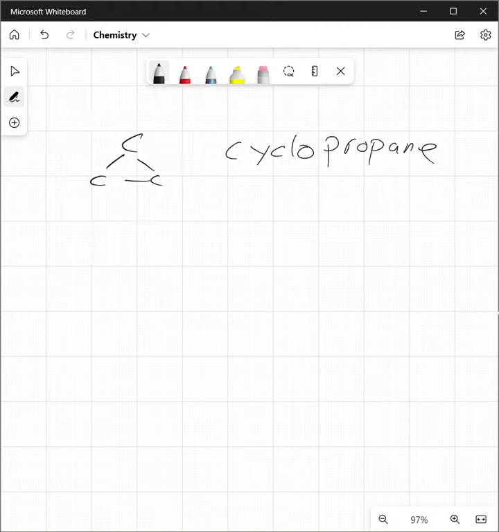In fact, let's look at this one. The skeleton structure for cyclopropane is a triangle, right? Yes. Now what do we have? We have 4 carbons in a ring structure with single bonds. Cyclo, what?